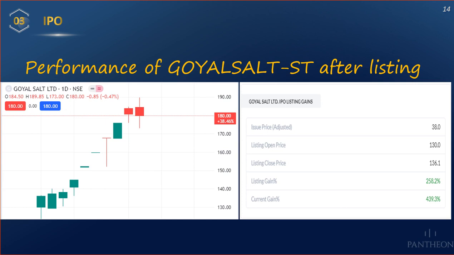This represents a staggering profit of 258.2%. In other words, if you had invested 100 rupees in this stock at the time of its IPO, you would have made a profit of 258.2 rupees.